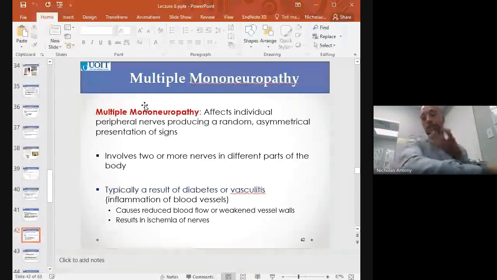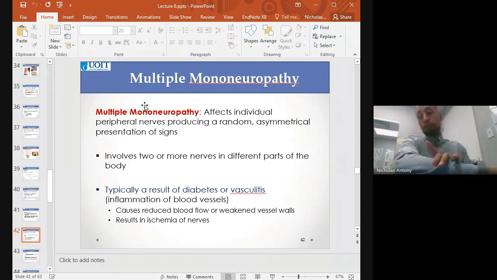Let's say I lost blood flow to my arm for some reason. You could have an injury where you have loss of blood flow to one particular area. The peripheral nerves that are in this area are going to die. So now we have an injury to multiple peripheral nerves, and that's classified as a multiple mononeuropathy.